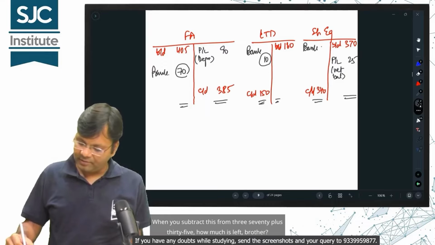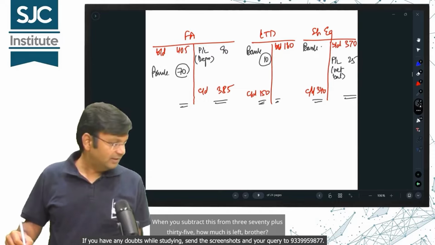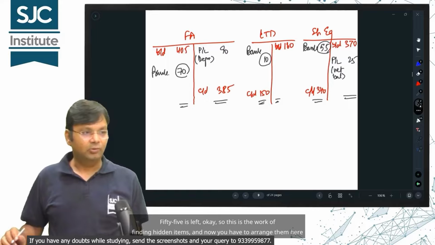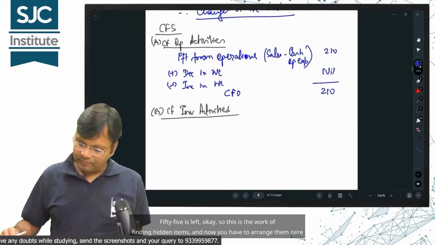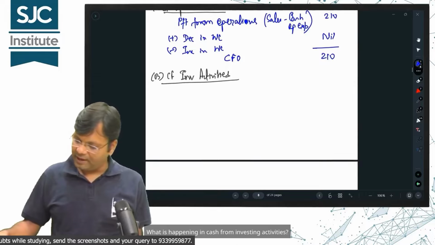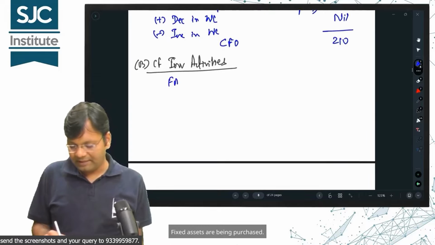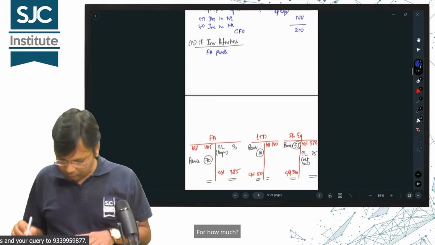When you subtract this from 370 plus 35, how much is left, brother? 55 is left. Okay, so this is the work of finding hidden items, and now you have to arrange them here. What is happening in cash from investing activities? Fixed assets are being purchased. For how much? For 70.